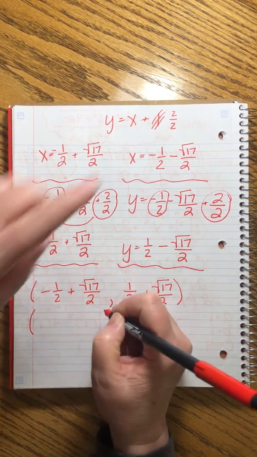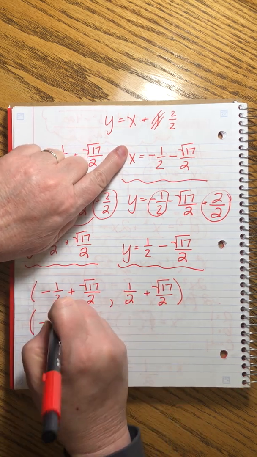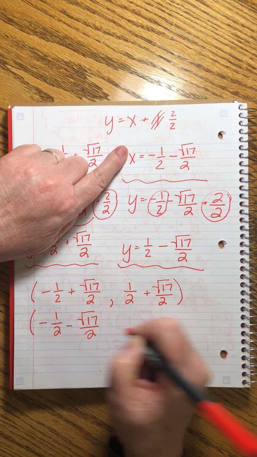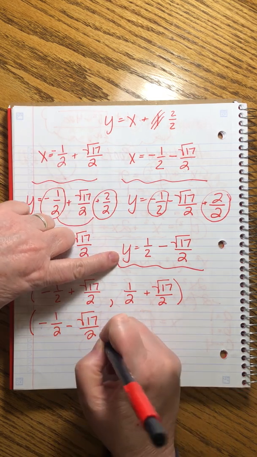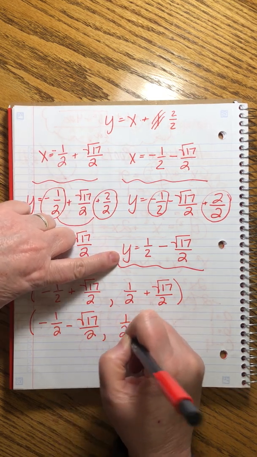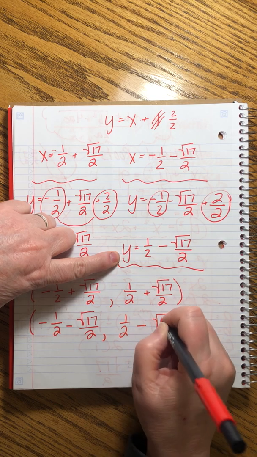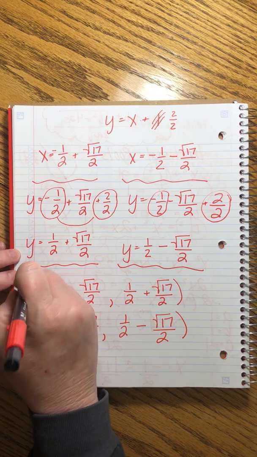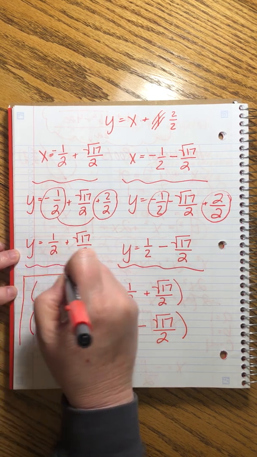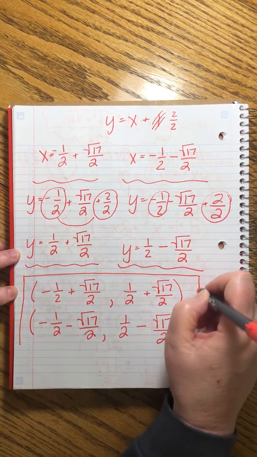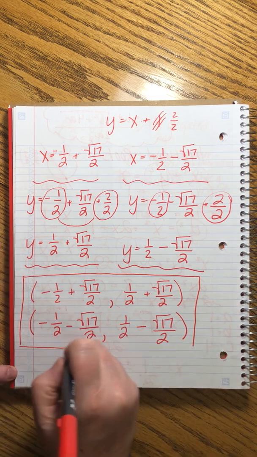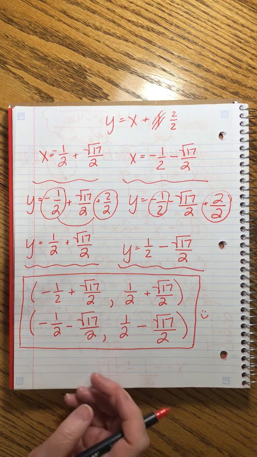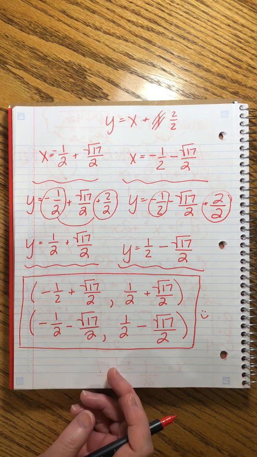Ready for the other one? There's our second x value. And here's the y value that goes with it. This is the answer to our problem. And if you don't feel like Albert Einstein Jr. at this point, I can't help you. That is so amazing that you figured that out.